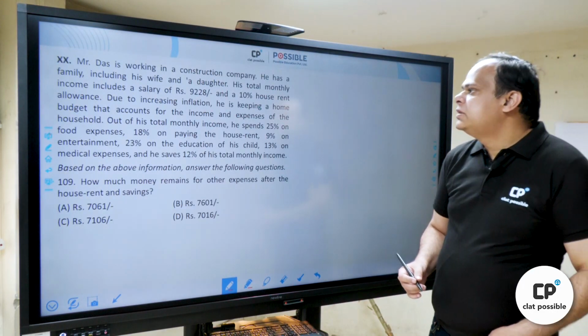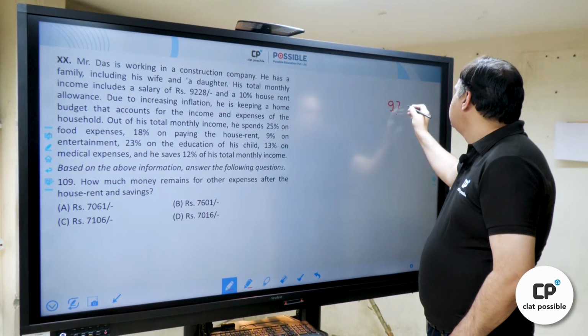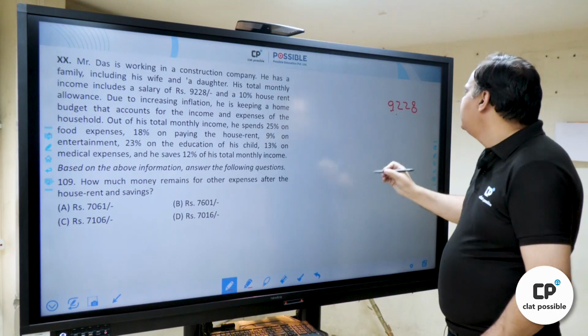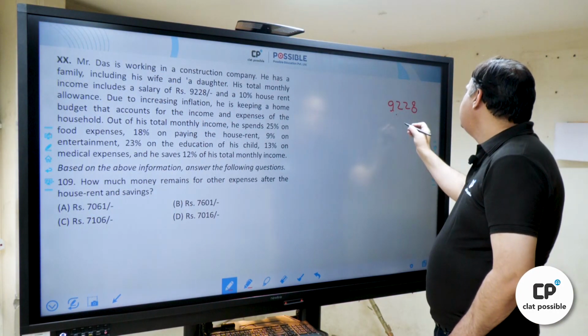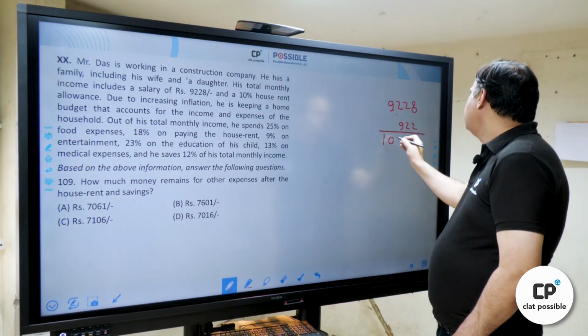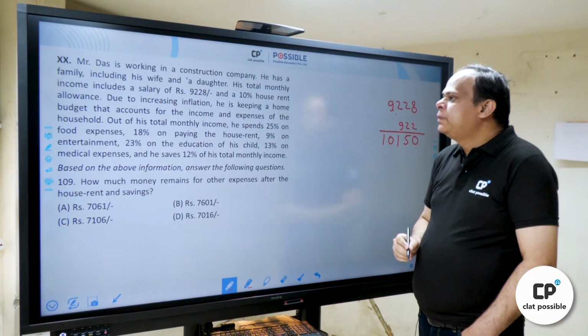Here we are given a salary of 9228, and 10% house rent allowance is there. So 10% of 9228 will be 922. So 922 we add, we get 10,150. That's the total salary.